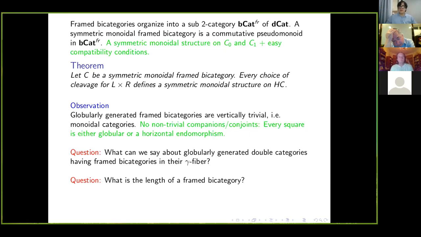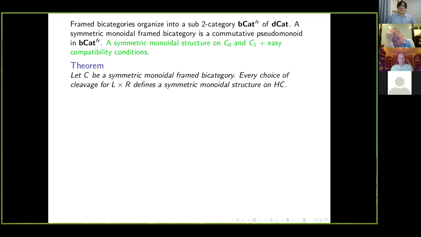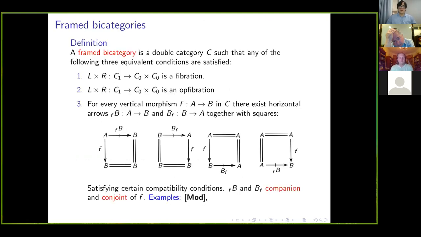These are symmetric monoidal categories. Why is this? Well, I breezed through this, but the definition of a frame bicategory requires these squares here. But remember that in a globularly generated double category, every non-globular square is a horizontal identity. So this should be trivial.